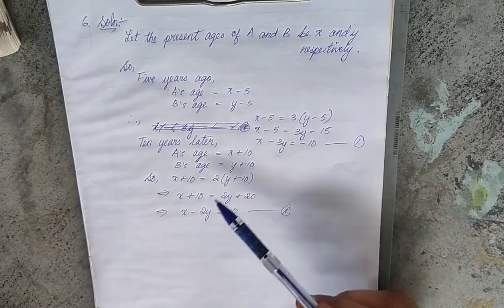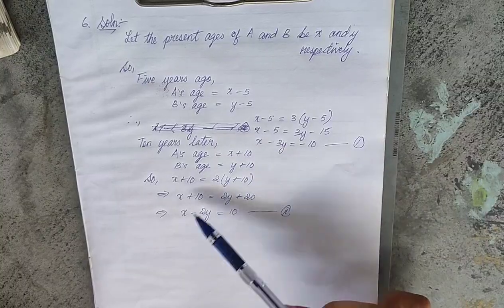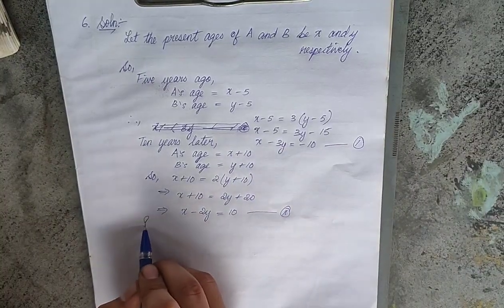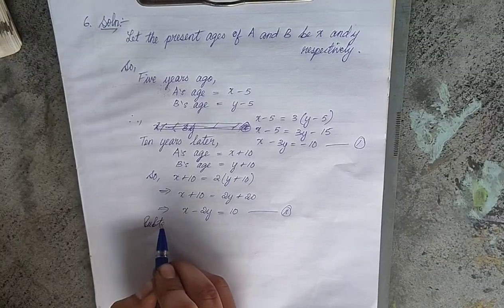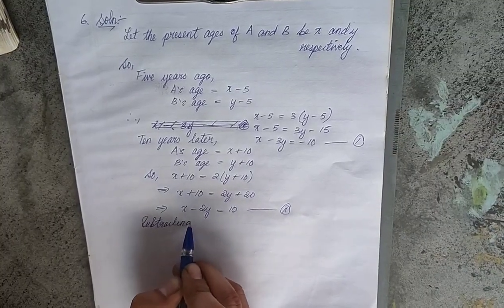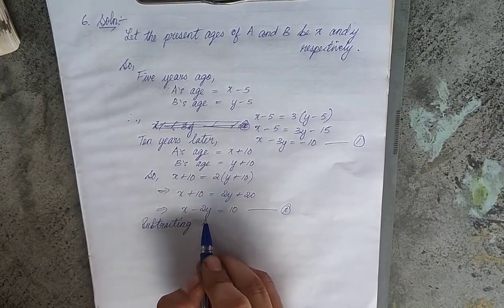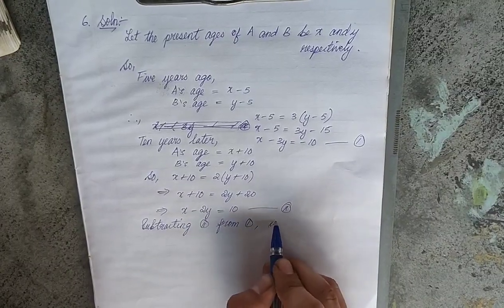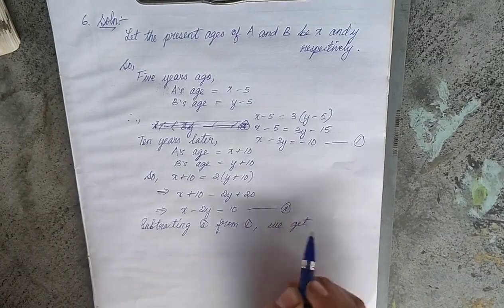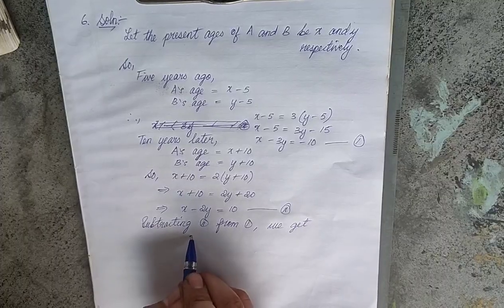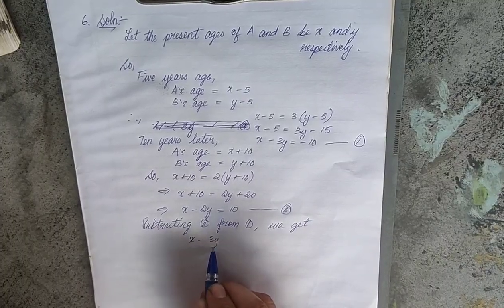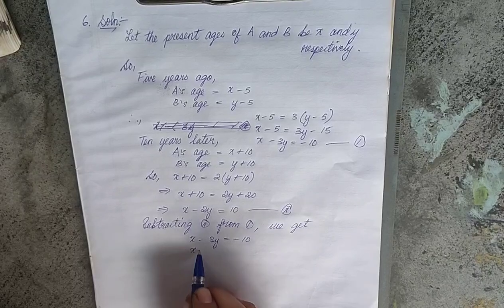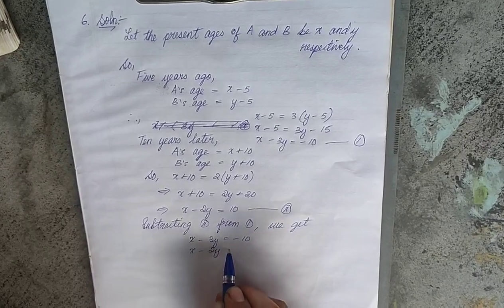Now subtracting equation 2 from equation 1. Equation 1 is x minus 3y equal to minus 10, equation 2 is x minus 2y is equal to 10.